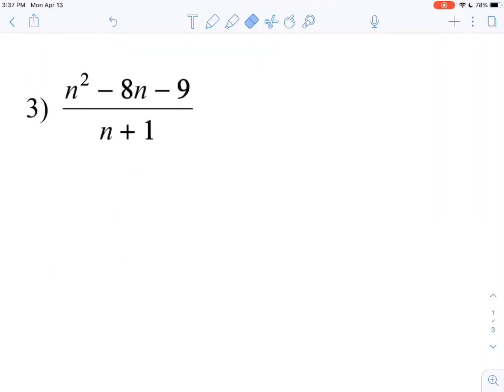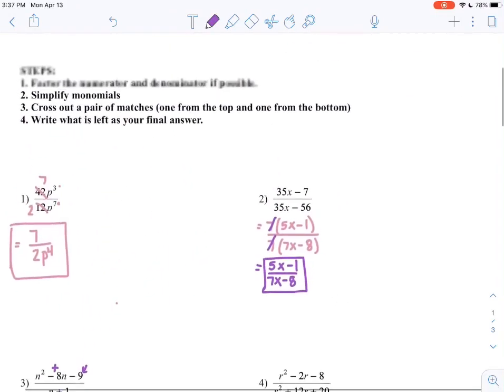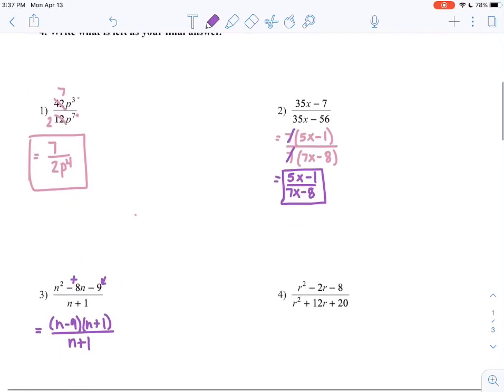So number 3, I'm going to factor the numerator. Remember, I'm going to go into my 2 parentheses, and it's got to multiply to be 9, but add to be negative 8. So that's negative 9 and positive 1. And then in the denominator, I can't factor that. Now, in the steps, I said cross out a pair of matches.